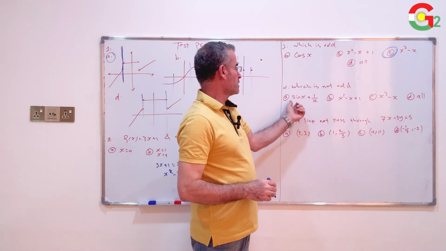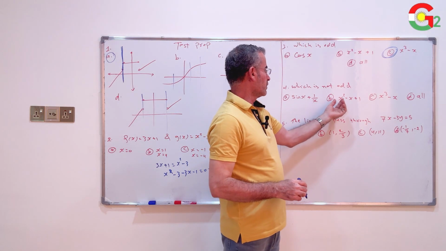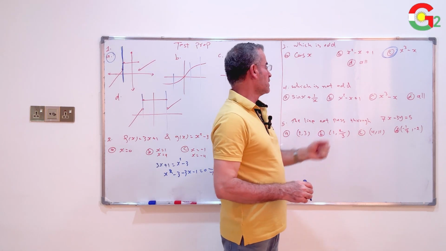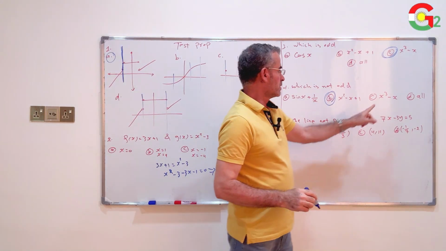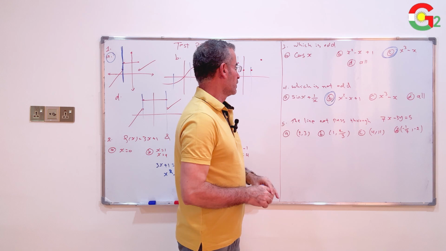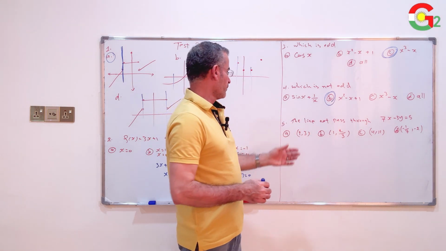Odd plus odd is odd. So it is not the right choice. Even minus odd is neither, this function is not odd, it is the right choice. Odd minus odd is also wrong, then the right choice is B.